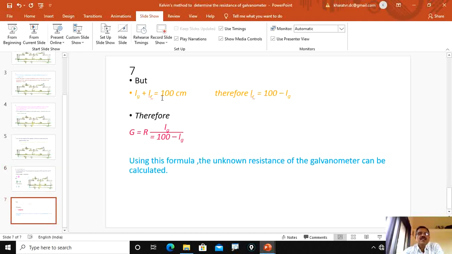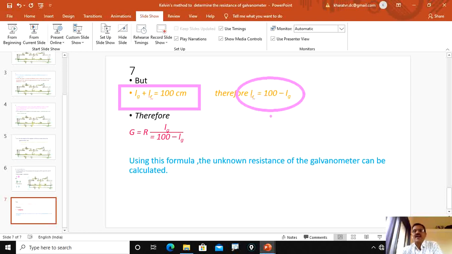Now LG plus LR is equal to 100 centimeter, because the total length of the wire is 100 centimeter, and therefore the value of LR will be 100 minus LG.